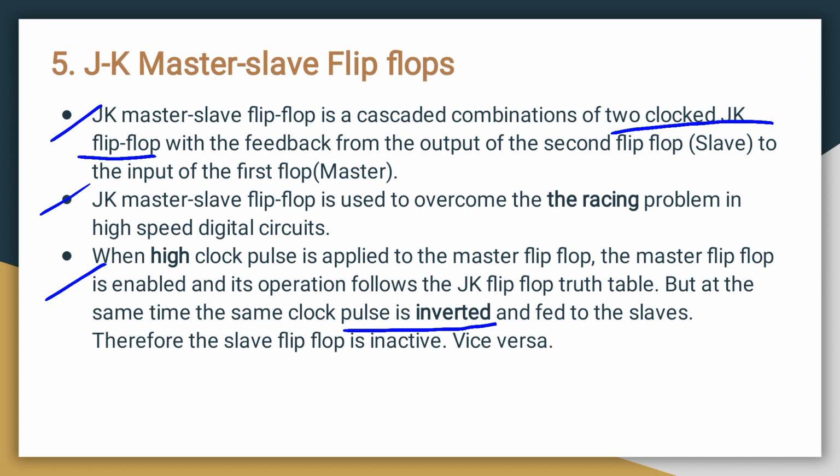That means when the master is enabled, the slave is disabled. Clear? So that is vice versa. Depending on this, we control the total master slave flip-flop. I repeat, when the clock is high, the master is enabled, and at the same time the slave flip-flop is in the inactive state. Clear?